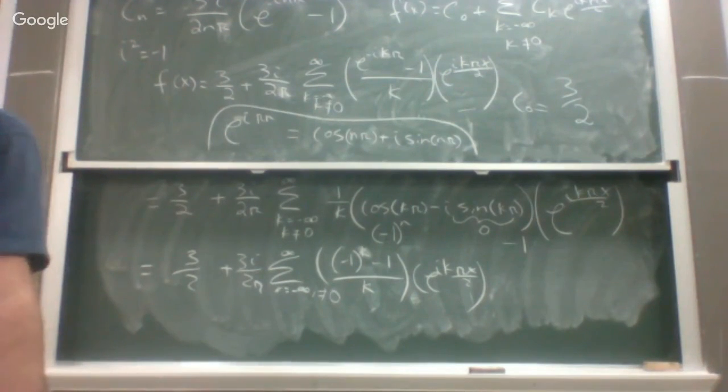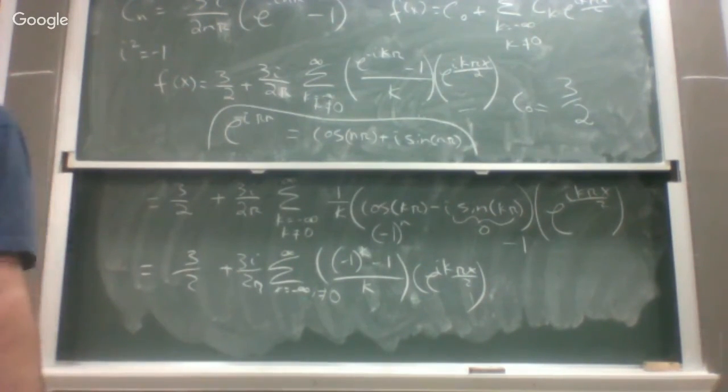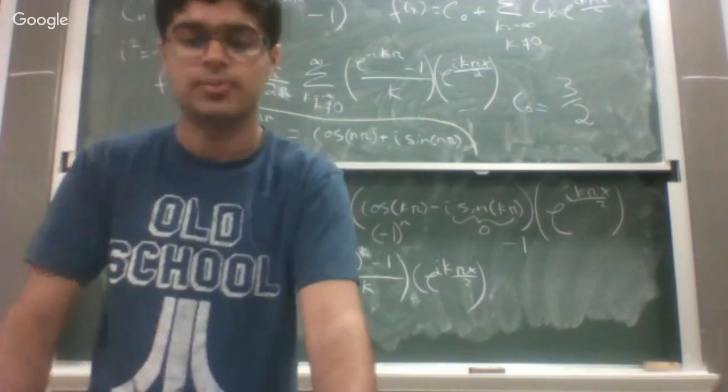Yeah, it is 2 over L. A sub 0 is 2 over L integral of f of x dx. A sub n, you have the addition of cosine of n pi x over L. B sub n, you have the addition of sine of n pi x over L. So that's the difference. And the review sheet also has them there, so you can memorize them.